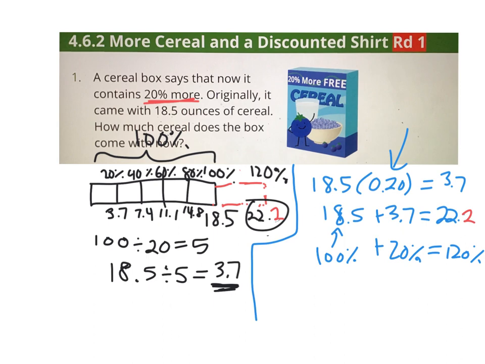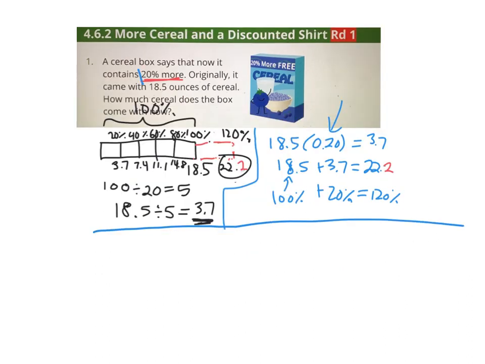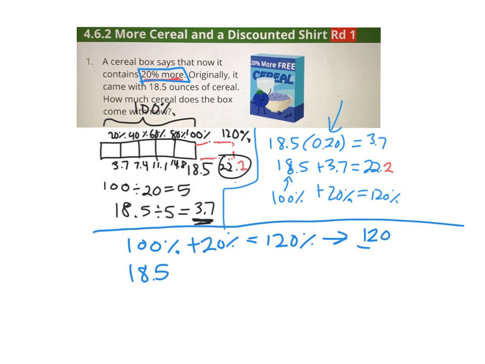Okay, now we have one more method to do it. This way is quite possibly the most efficient way. Here we go. Since our story is talking about we have 20% more, we have our original amount, 100%, or 18.5, and we add another 20%, that's equal to 120%. Now in decimal form, well, we can convert that to a decimal by putting it out of 100. So 120 100ths. Do the division there, and you're going to get 1.20, right?